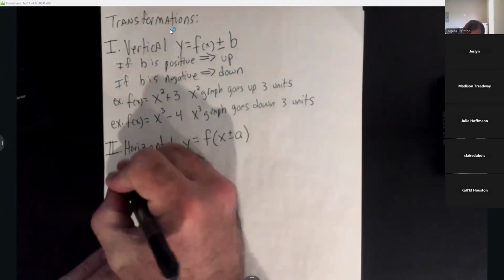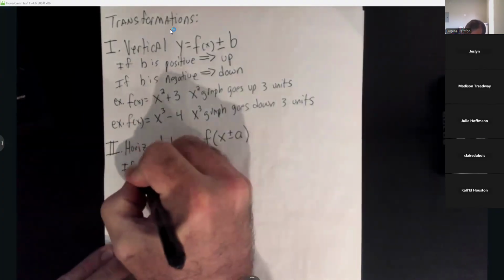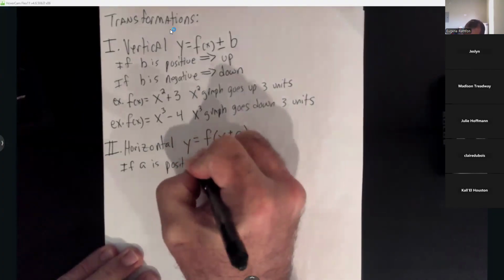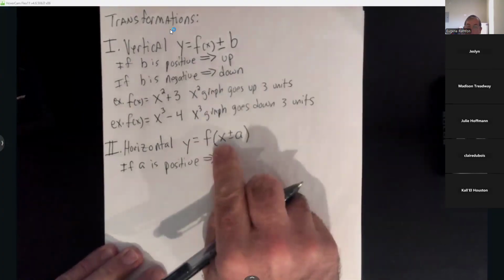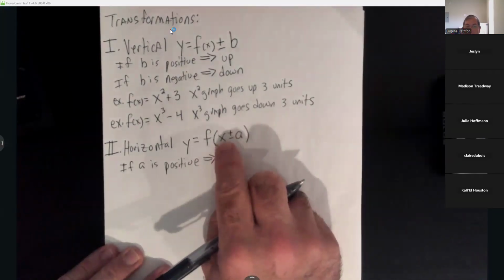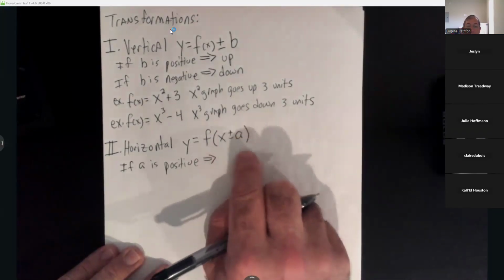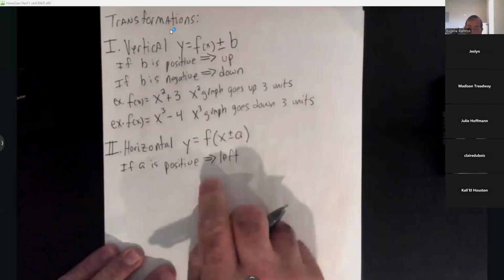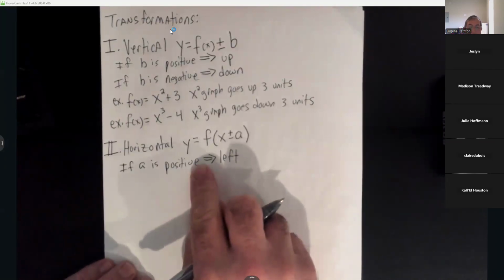Now, if the a is positive, so if I add to my x before I do my function, then adding will move me left. So these are sort of backwards from what you would think.